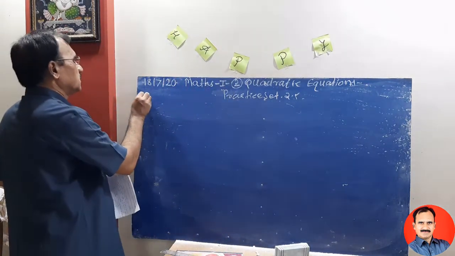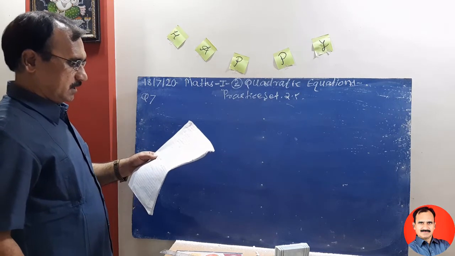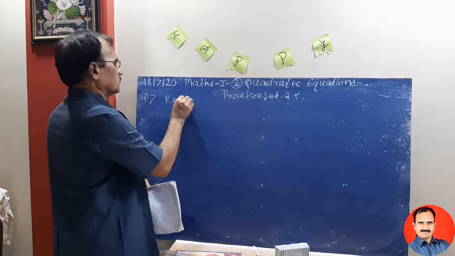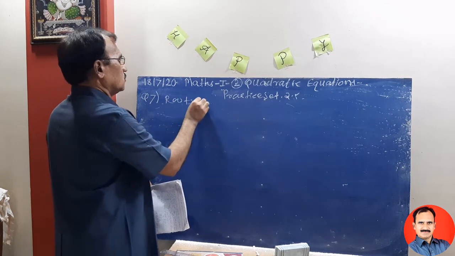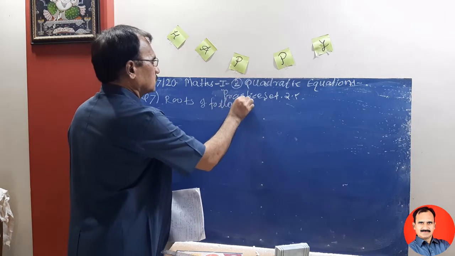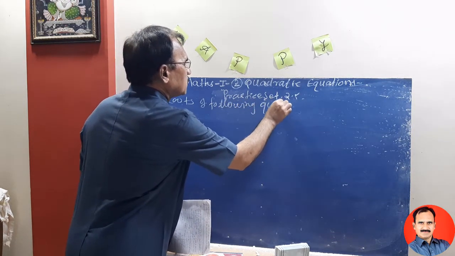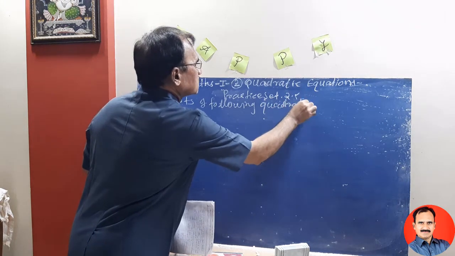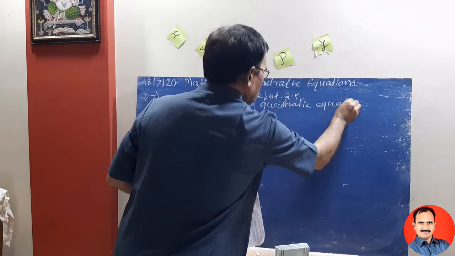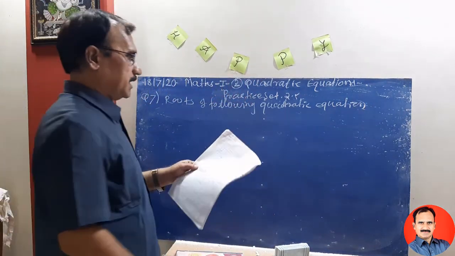Now this is the second last question, that is question number 7. Roots of following quadratic equations are real and equal.